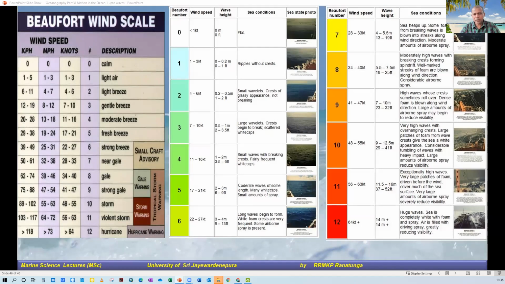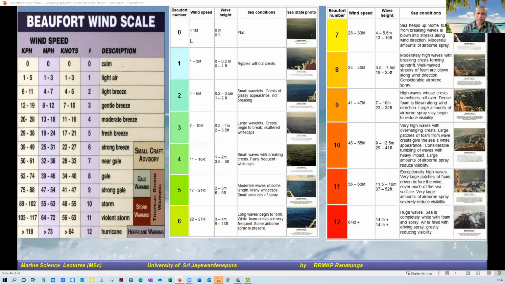Based on these features, actually, there is a scale. It's called the Beaufort wind scale. Although it's called the wind scale, it's not only about the wind, but wind speed. As you can see here, there is a scale from 0 to 12. How many levels are there? 0 to 12.